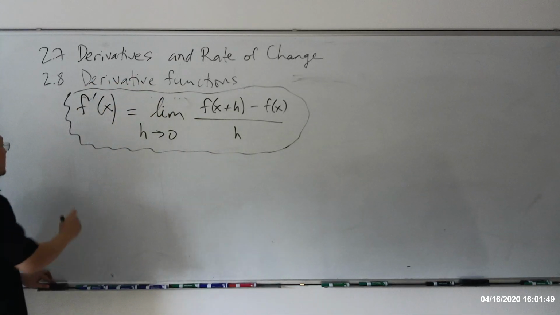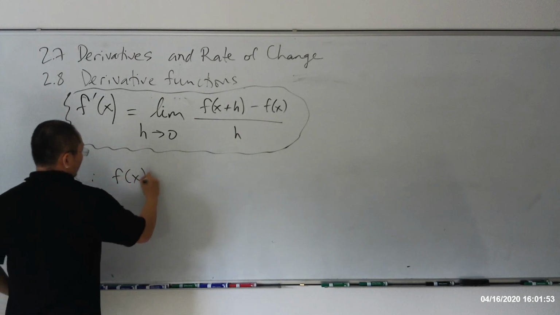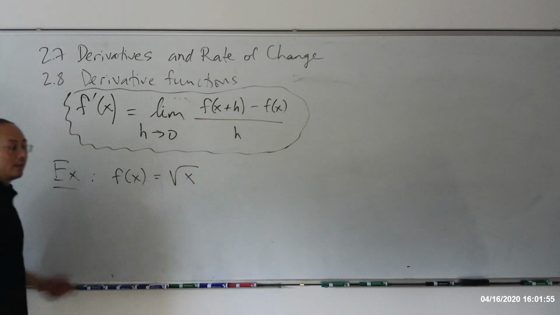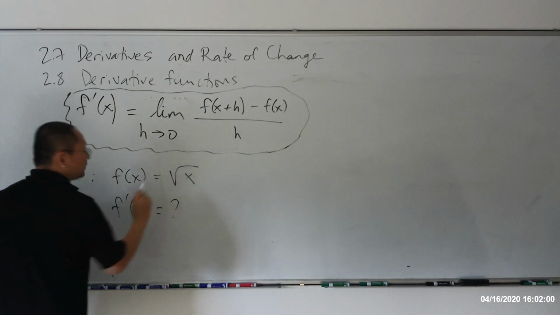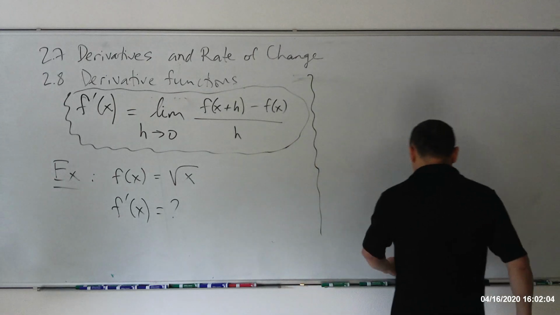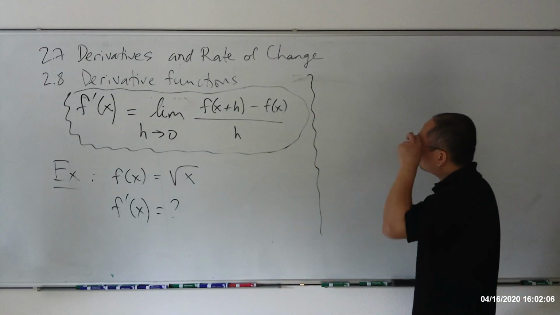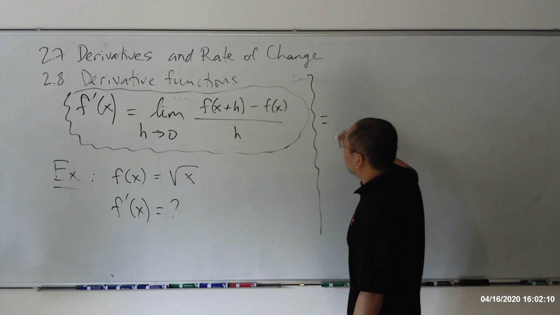Okay, now example. Say f of x equal to square root of x. Find the derivative, f prime of x. What is that equal to? So we apply the equation right here.